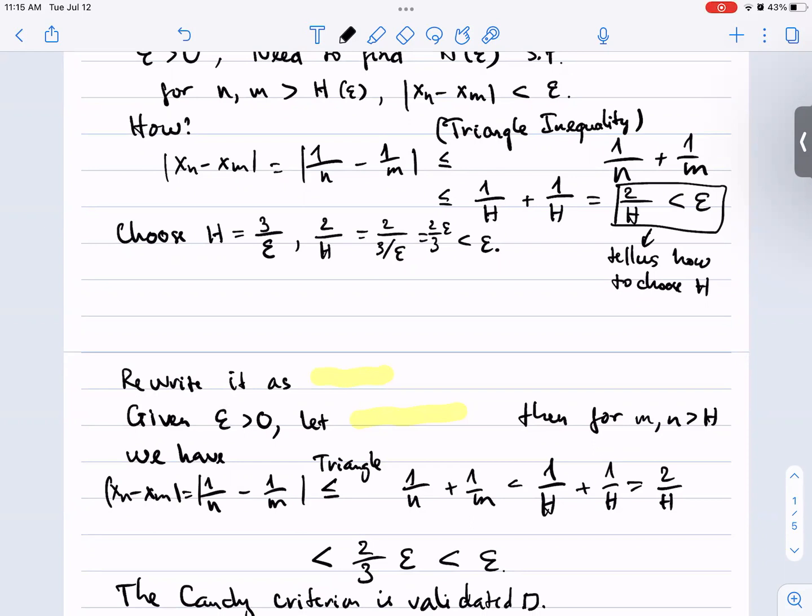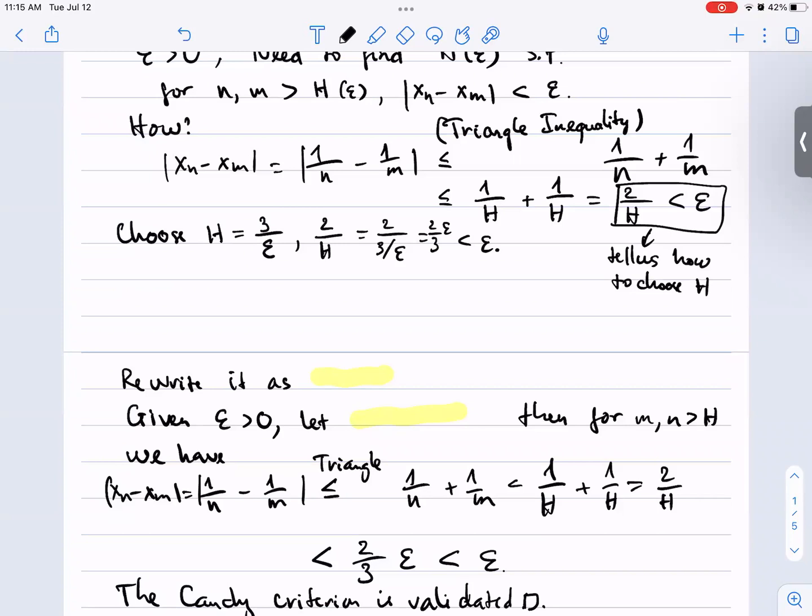So the choice of h here is not unique. You might come up with different choices of h. Some would come up with 4 over epsilon, some would come up with 5 over epsilon. That's totally fine. But in order to come up with the choice of h, we need to do some algebraic manipulation in order to see what value of h is appropriate.